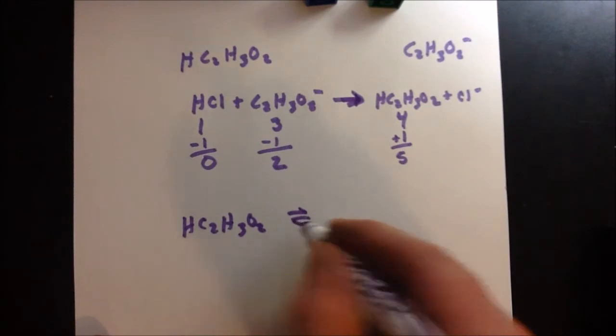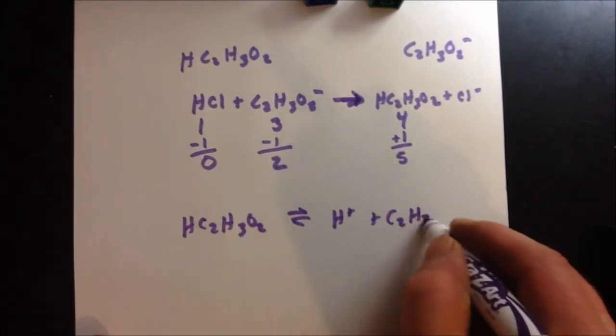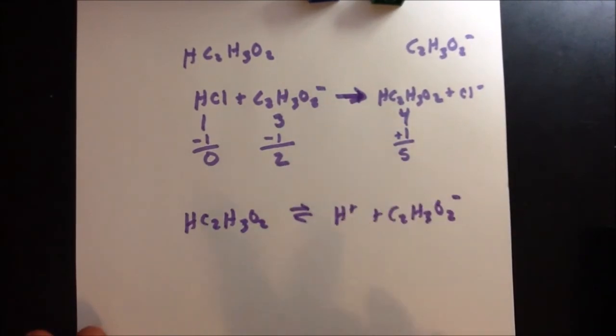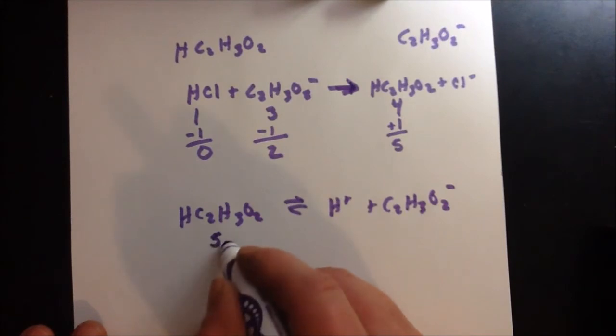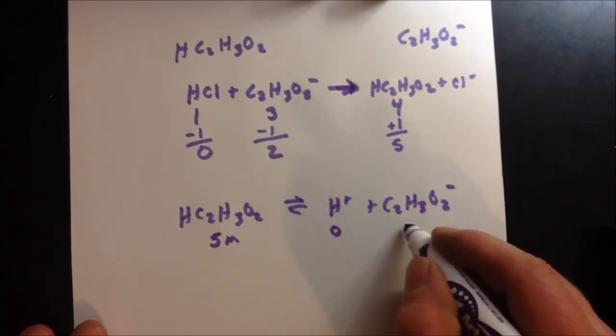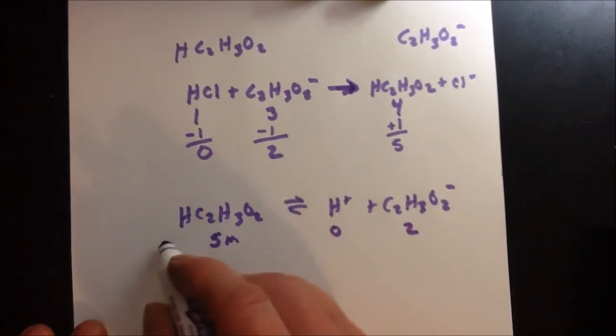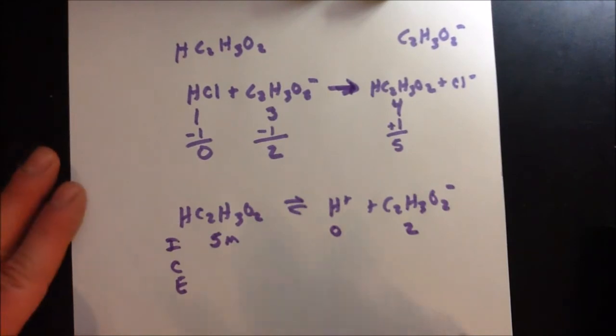So now I'm going to write my equilibrium equation, and I'm going to plug in those values where I now have 5 molar here, none there initially, and 2 molar for that one. So this is my initial value, change, and equilibrium.